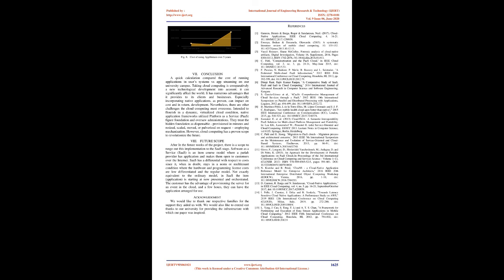SaaS has a cost advantage since it, as a rule, stays in a standard or multi-tenant environment where the hardware and software license costs are low compared with the regular model. Unlike the ordinary model, in SaaS the application is already presented and orchestrated. The customer has the advantage of provisioning the server for an instance in the cloud, and in a few hours, they can have the application ready for use.